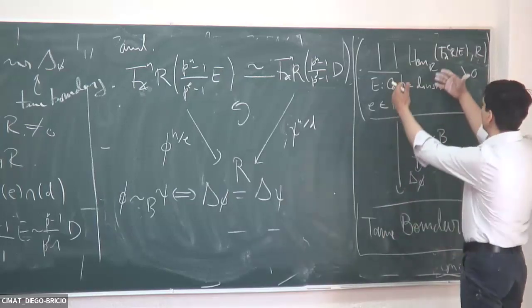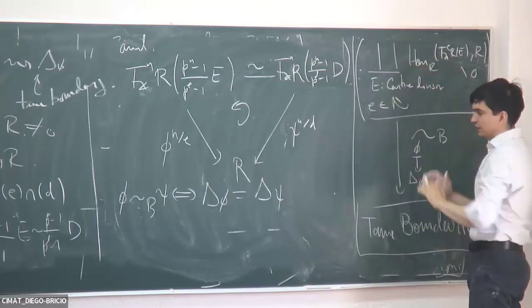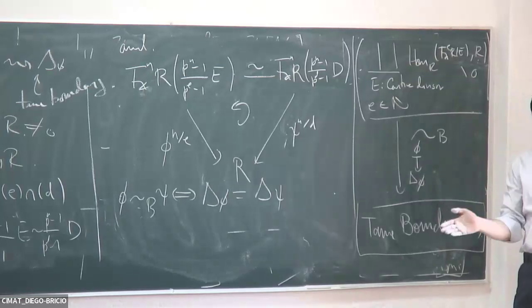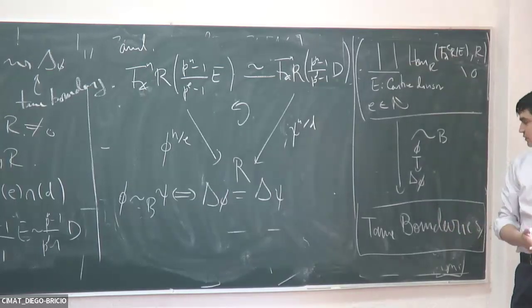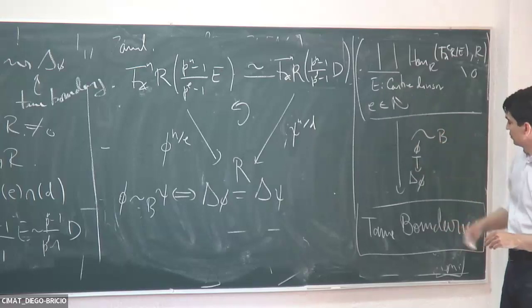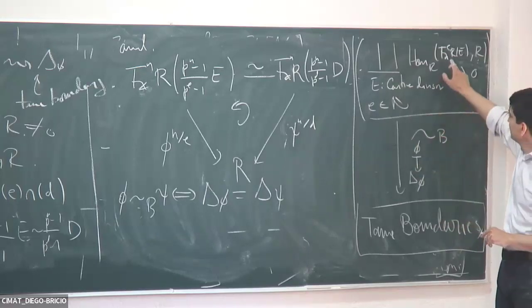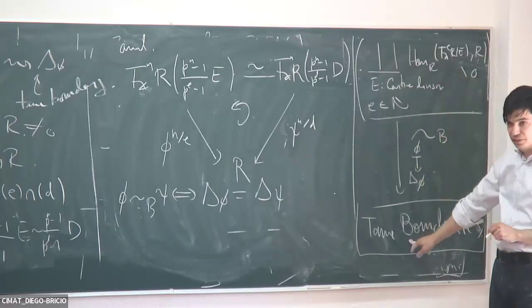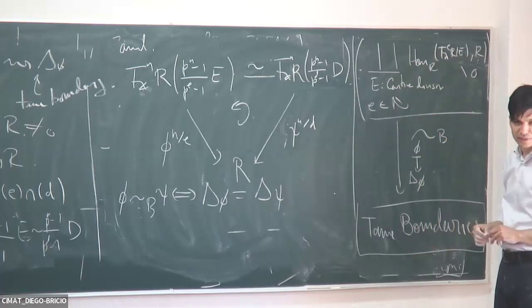But for tame boundaries, you have this relationship with phi, and that's how you see the analogy between F-singularities and this type of singularities, thanks to this correspondence. Every single phi we take is secretly just a tame boundary.